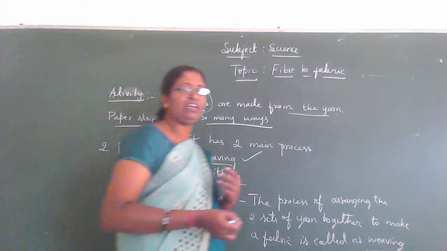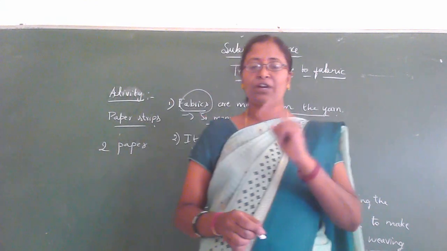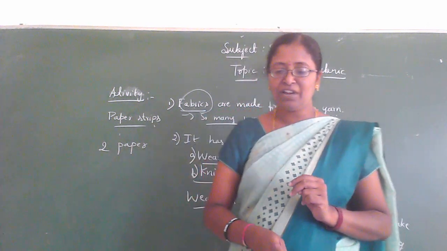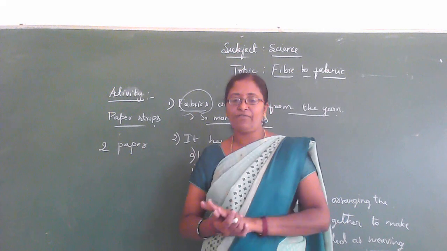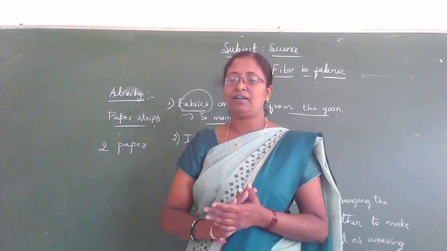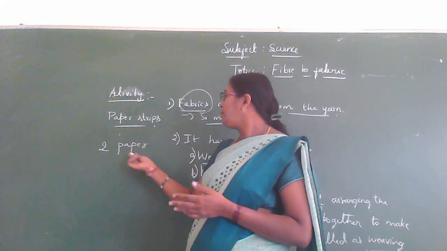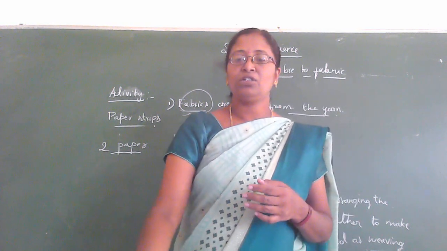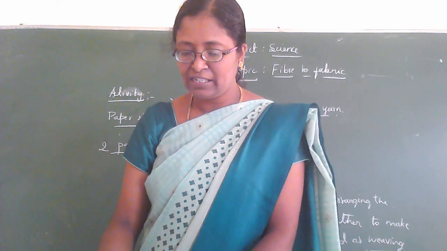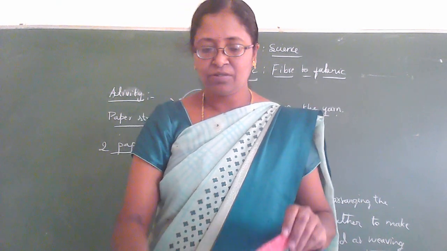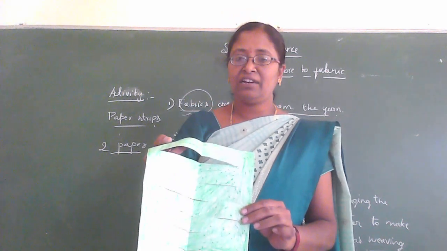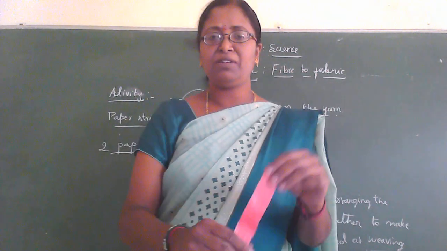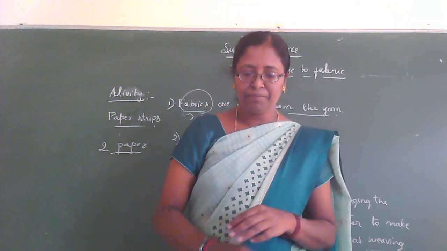Any color, take any color. We need to take 2 different color papers. So children, take 2 sets of paper of different color. Here I am taking a green color paper, and another I am taking a red color paper.